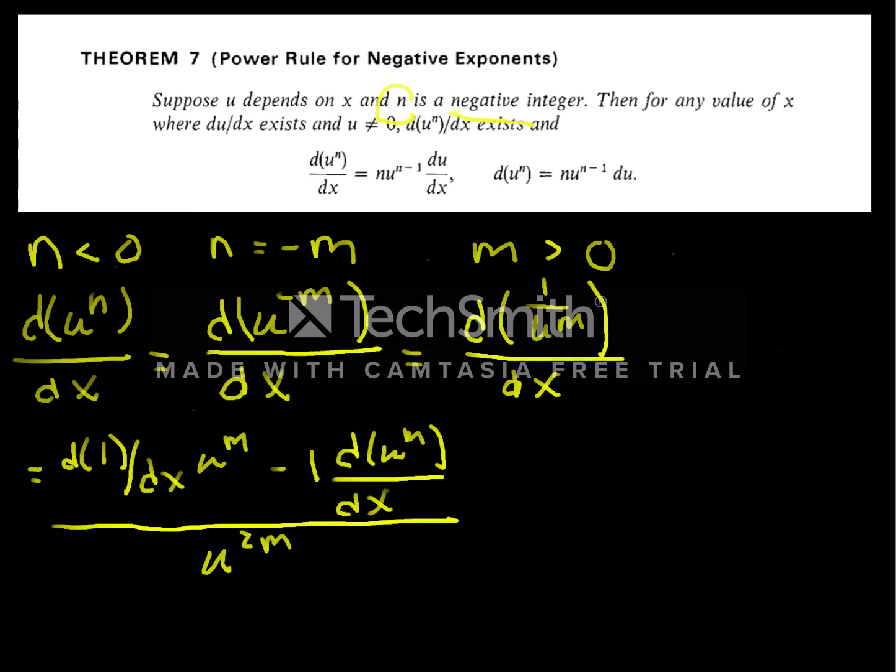Now, this first term is a constant, right? 1 is constant, so d1/dx is 0. The derivative of any constant is 0.